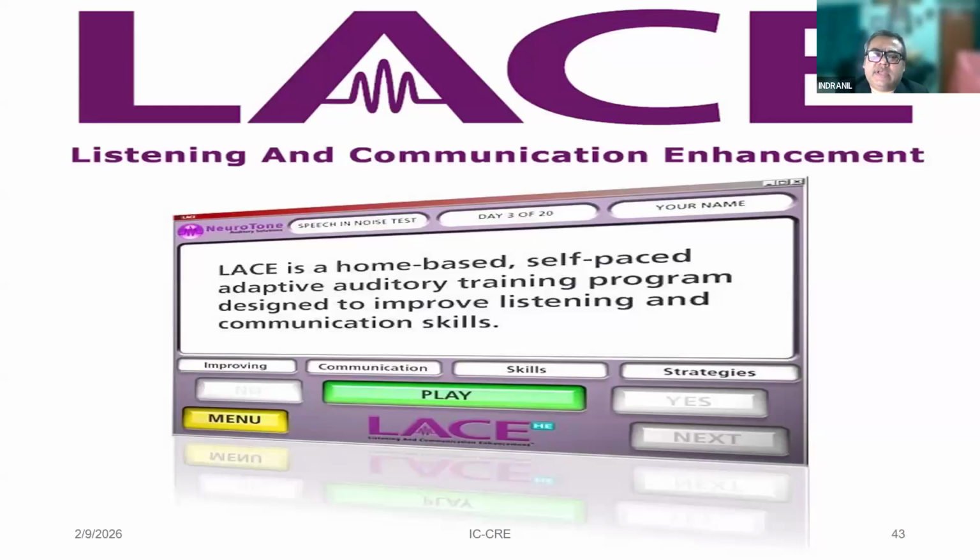We can use LACE also. LACE is a very old one, but it is still available with proper new versions with AI integration. That is the Listening and Communication Enhancement. It is a home-based, self-paced, adaptive auditory training program designed to improve listening and communication skills. So we have to buy this software.